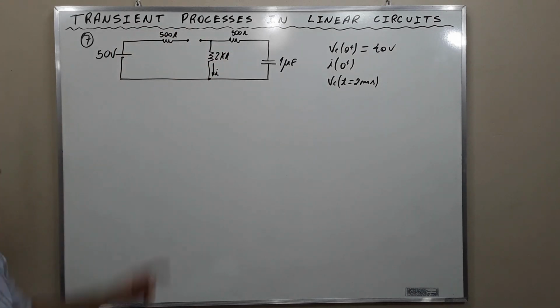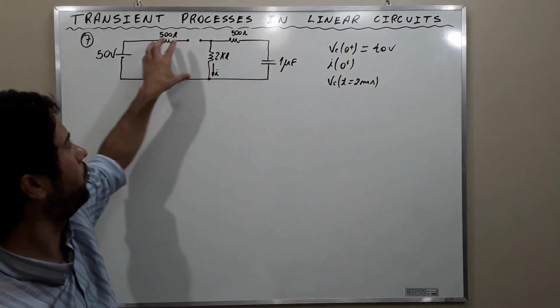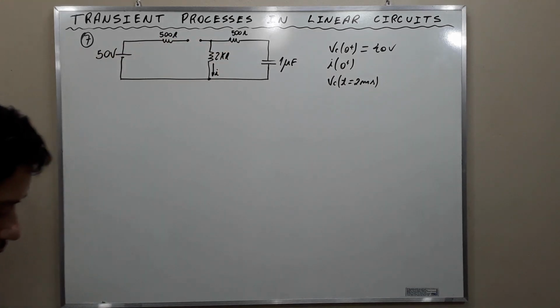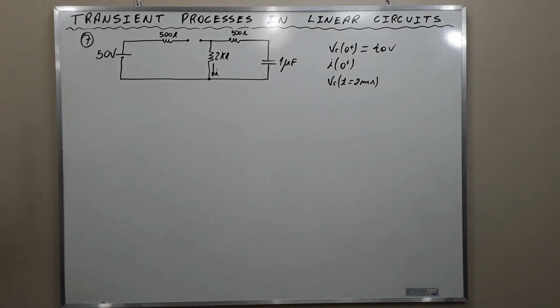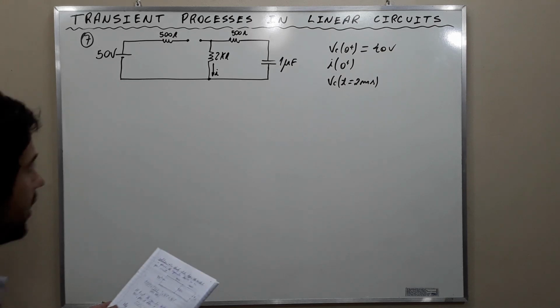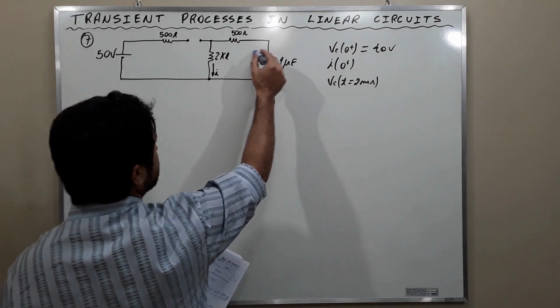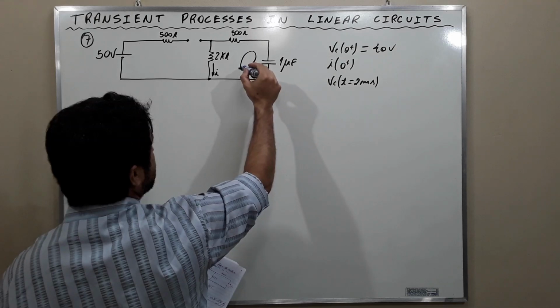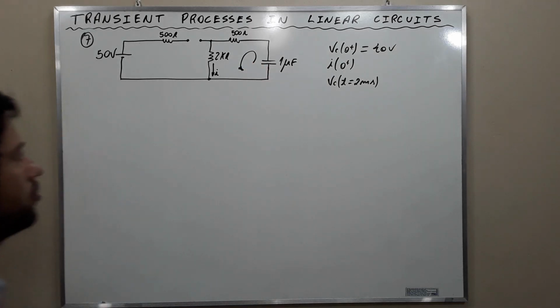No current is going to flow from this part to this part. At t equal to 0 plus, by opening the switch, we isolate the source from the circuit. Under these circumstances, the capacitor discharges through the resistors.